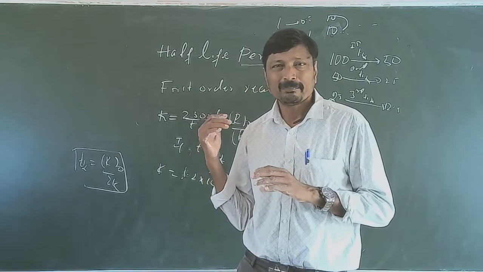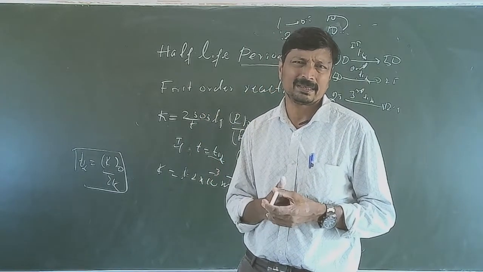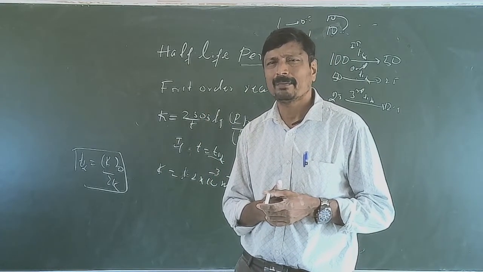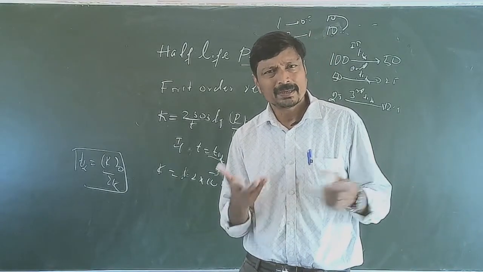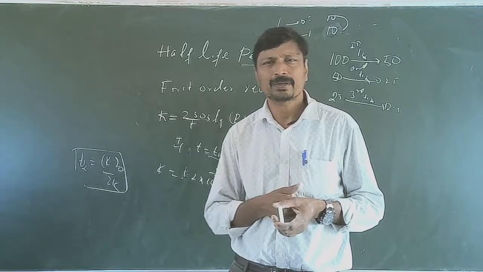Definitely, many times this question is asked in previous exams. Calculate the half life period or calculate the rate constant. If the rate constant is given, you are asked to calculate the half life period.